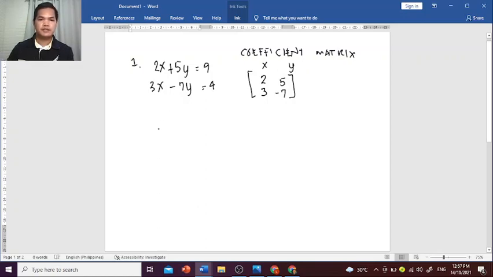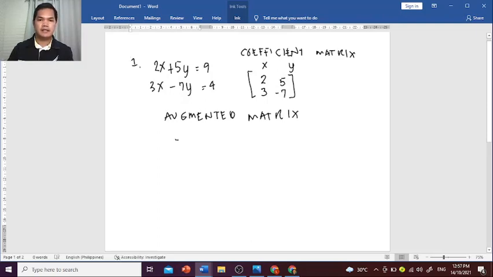And now let's proceed to the augmented matrix. For the augmented matrix, what we're going to do is just add the value of b to our matrix.